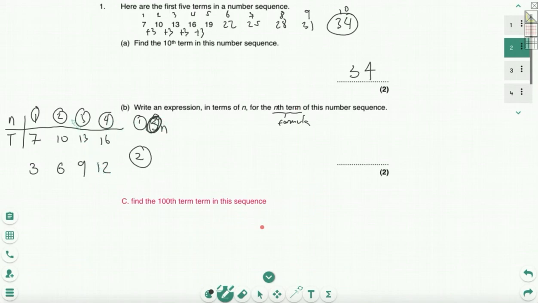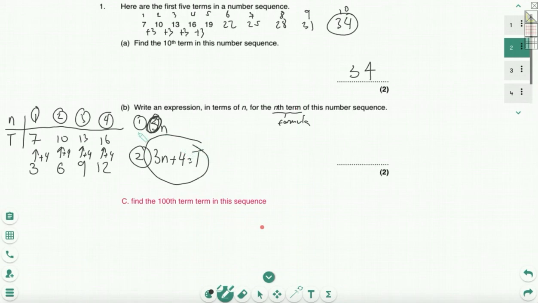All right? Now, what do we notice about the difference between these numbers? From 3 to 7, 6 to 10, 9 to 13, 12 to 16, we're adding 4. So it's going to be 3n add 4. That's our nth term. All right?